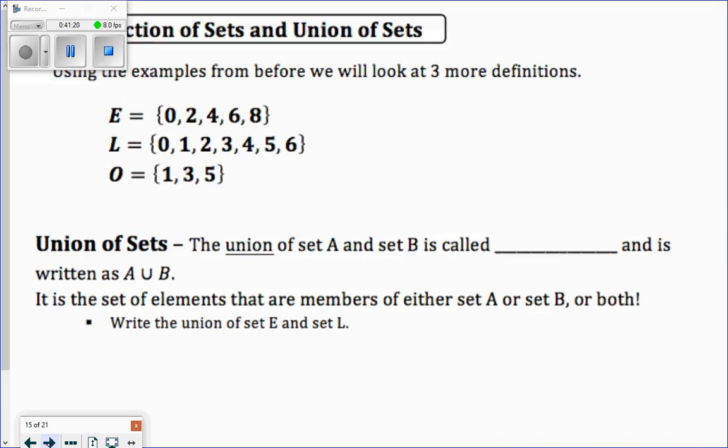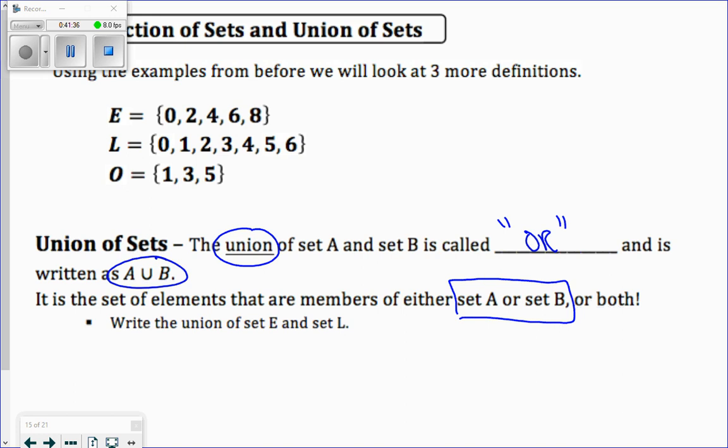Okay, union looks like this. And the word that you're looking for is or. So A or B, right? Set A or set B. This means everything. So remember or from yesterday meant one or the other or both.